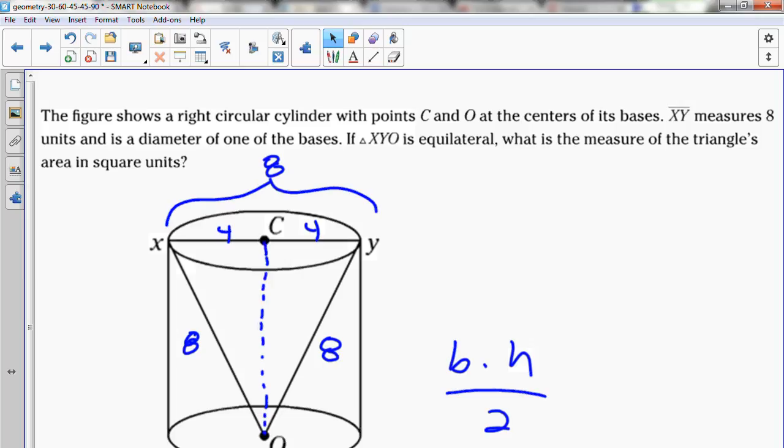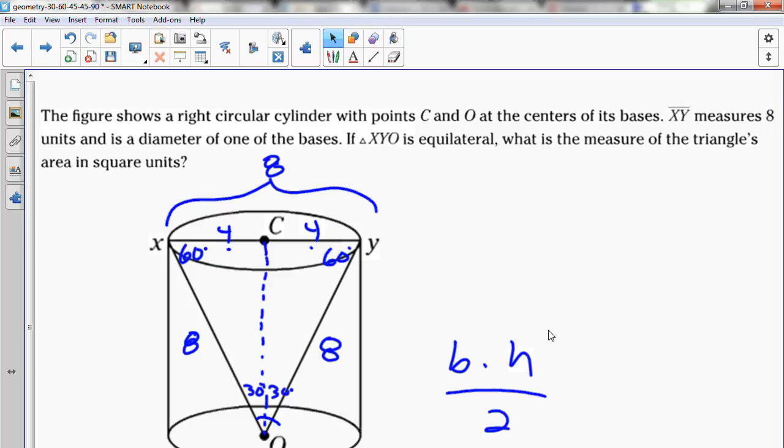So here we go for like the 5th time. The altitude in the equilateral triangle is going to split this angle right here into 30 and 30. Of course, that would be my 60 because it's an equilateral triangle. We need the height. Now the height would be the short leg or the long leg?